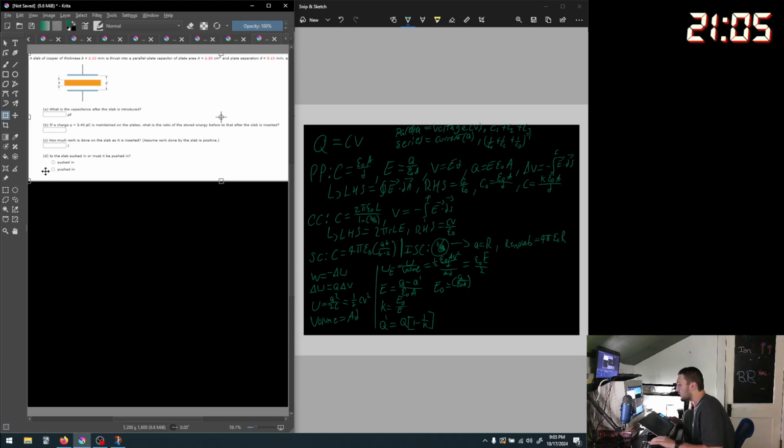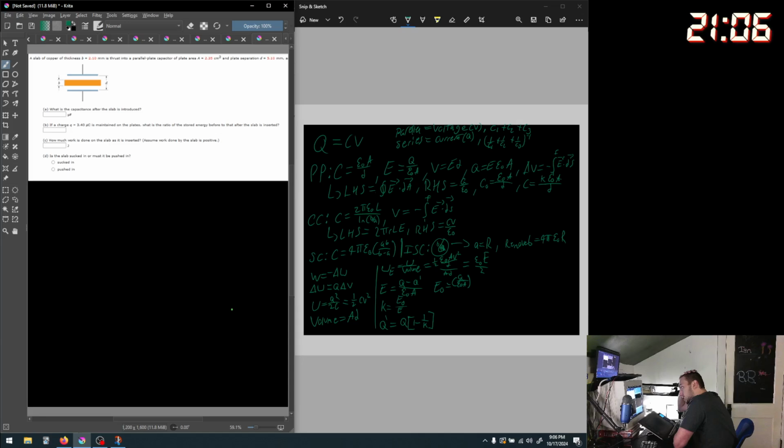So interesting thing about this problem is it was actually a mistake to have this problem on the homework. It should have been some kind of a dielectric material between a parallel plate, but the teacher just saw something between two plates and put it on the homework. This is just a pure metal. It's just a slab of raw copper. So it's not dielectric at all.